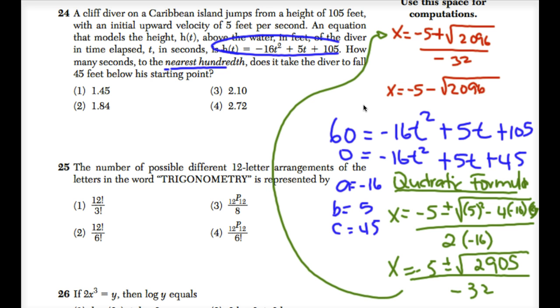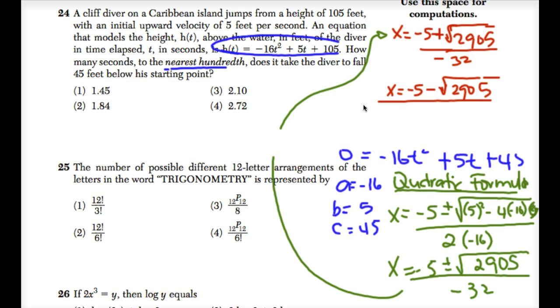Where am I getting 2096? It's 2905, not 2096. And again, what is it going to be over? It's going to be over my -32.